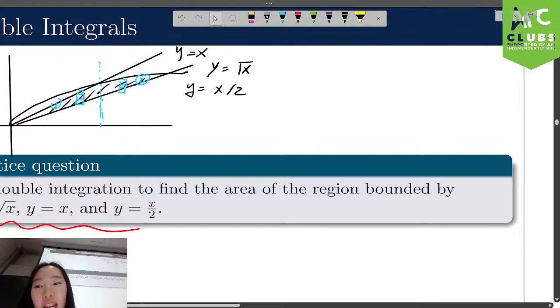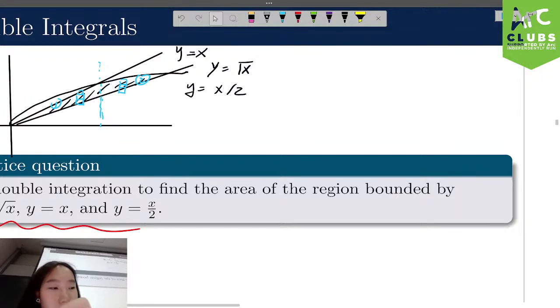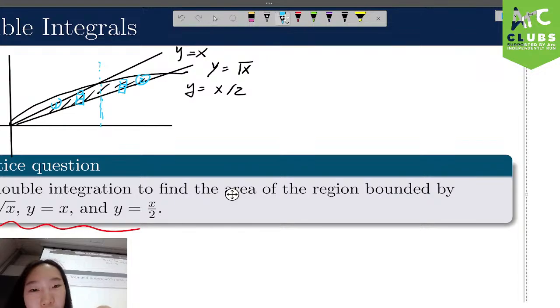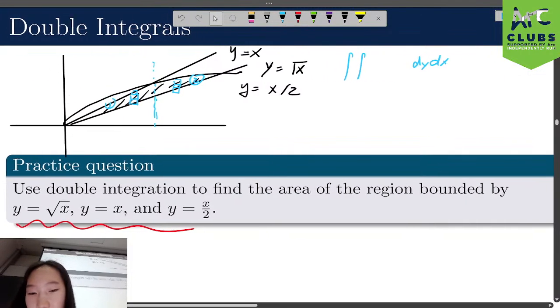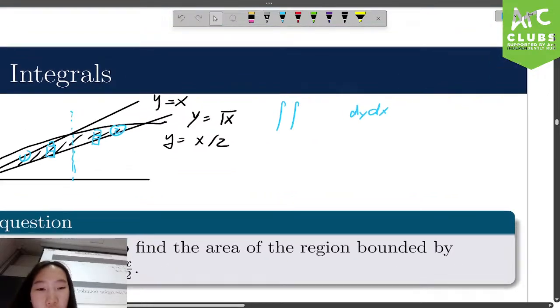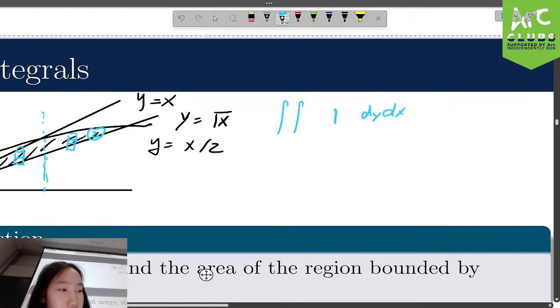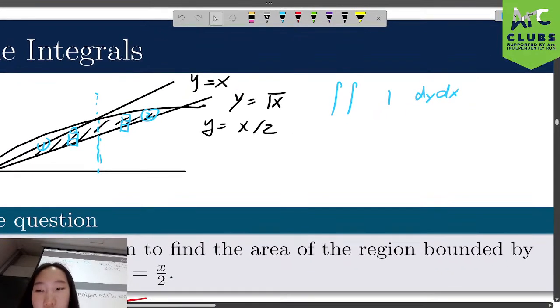So we find the integral for the first part. You have the double integral dy dx. Because it's just the area, we put 1 inside the integral. Now we need to determine the bounds.